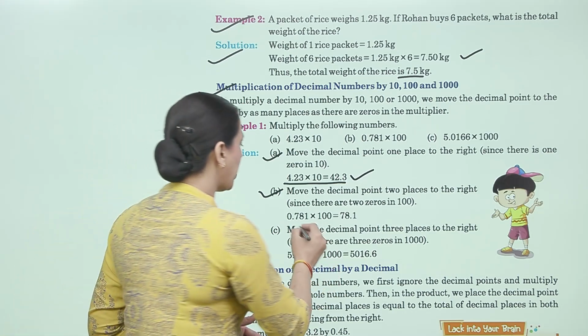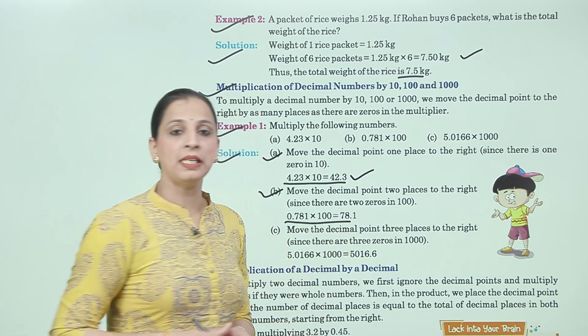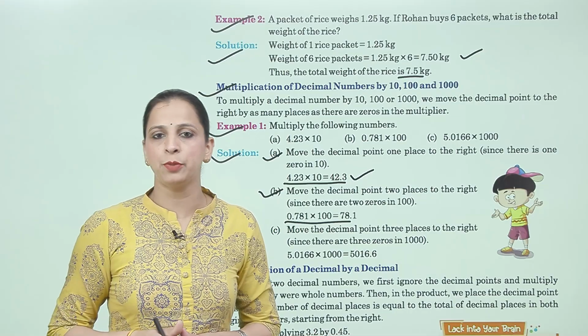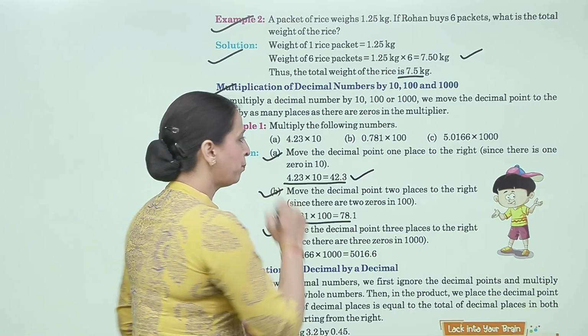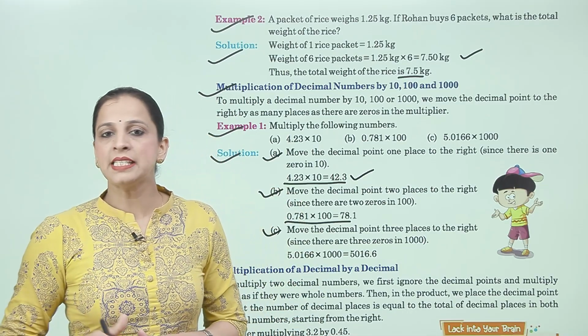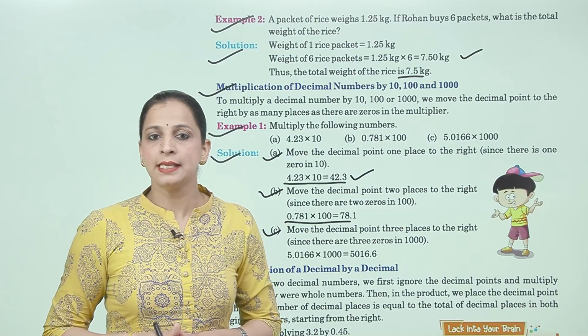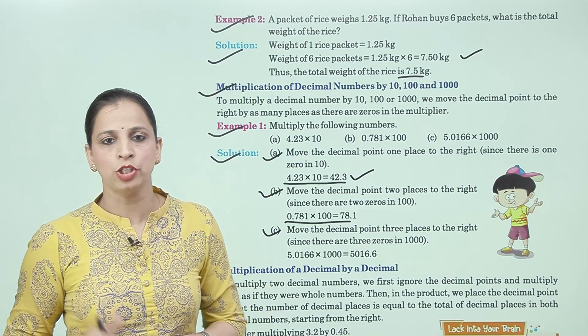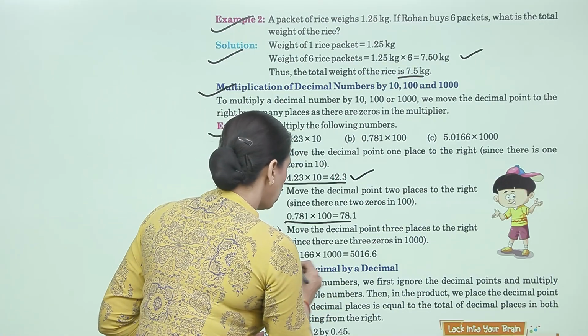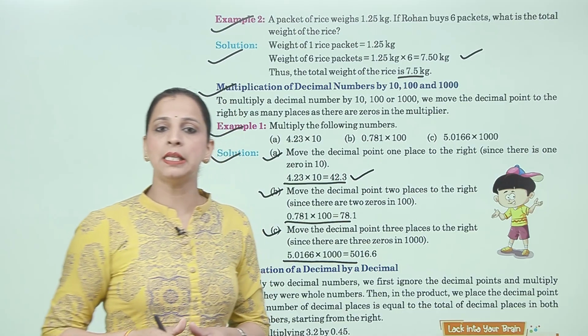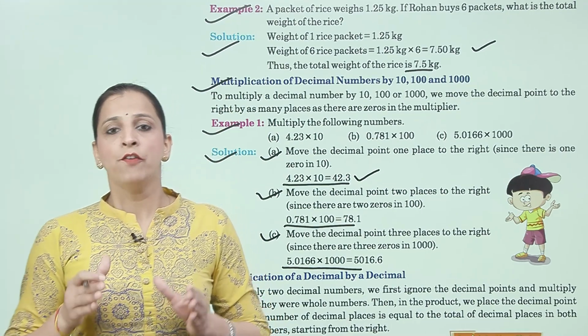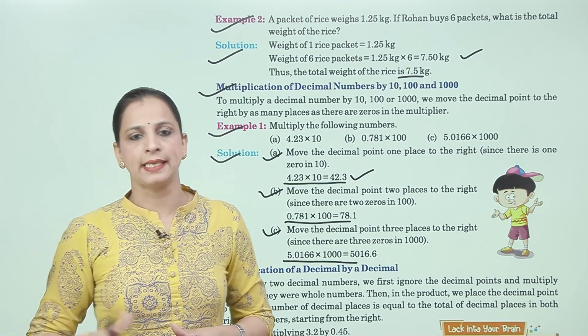So, 0.781 multiply by 100 becomes 78.1. Now, C part, move the decimal point 3 places to the right since there are 3 zeros in 1000. So, 5.0166 multiply by 1000 becomes 5016.6.